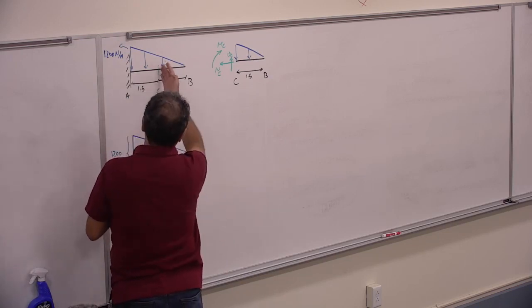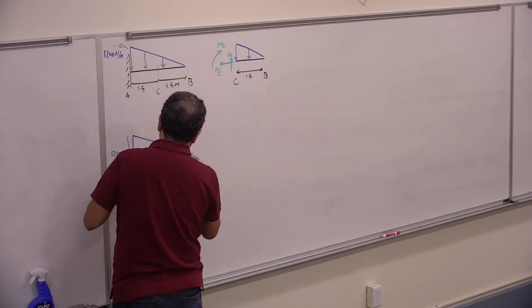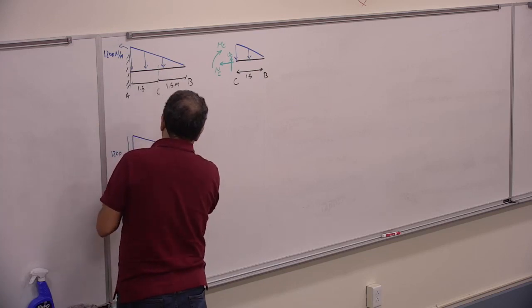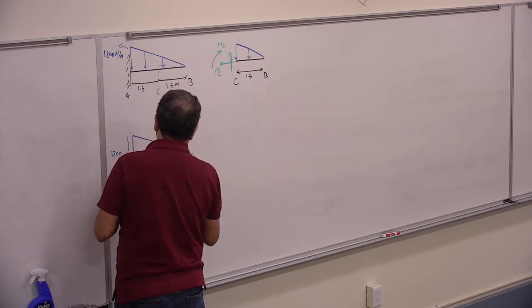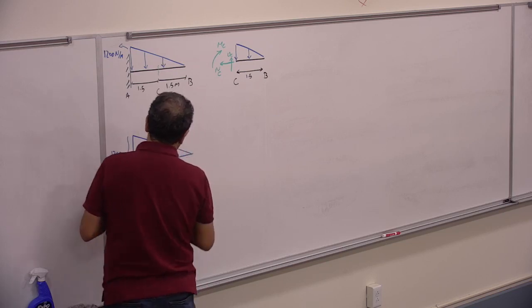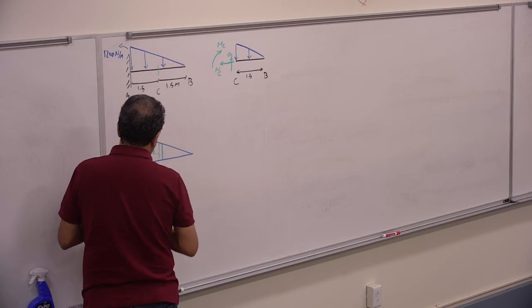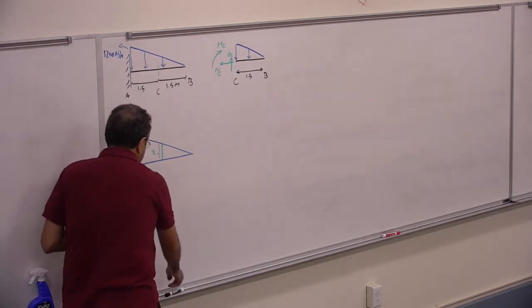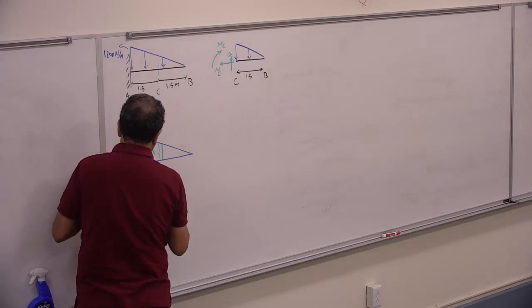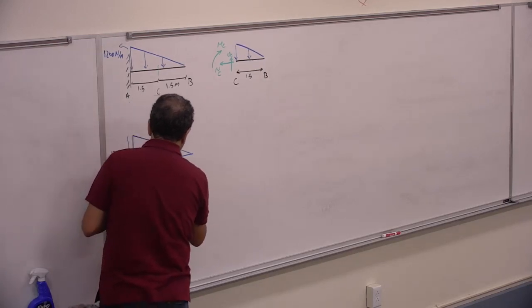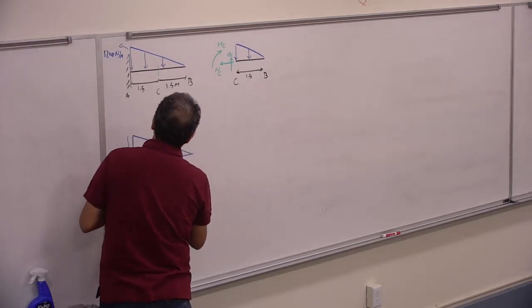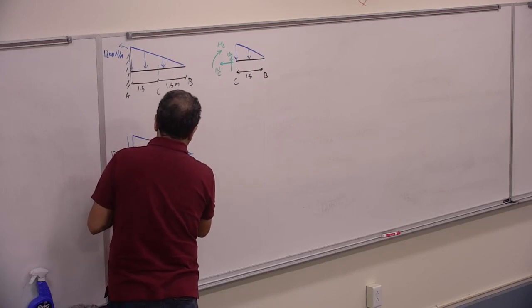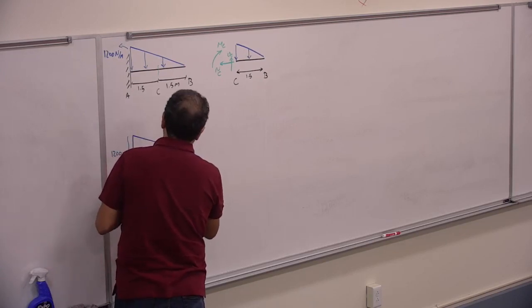And then I cut it at C, means that I cut it here. And if I call this X, how much would be the X? So this entire thing is 3. This one is 1.5.